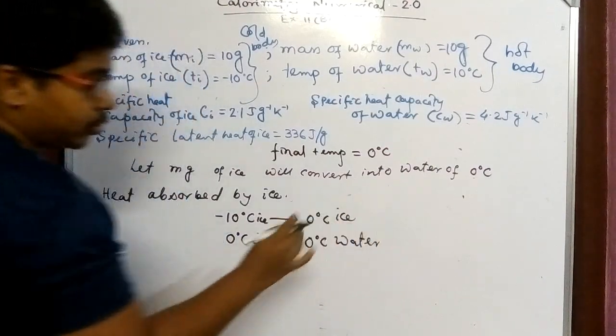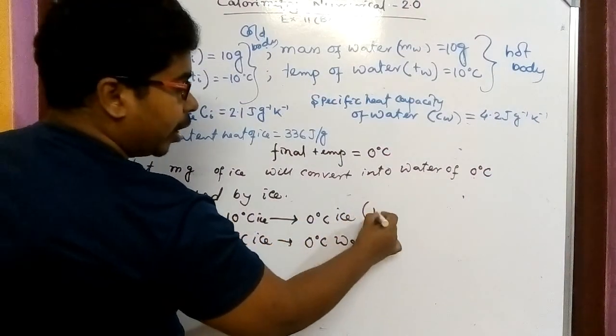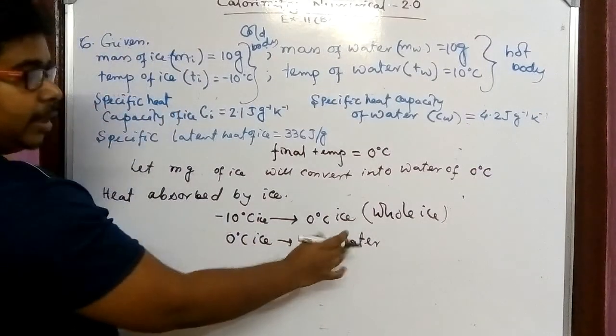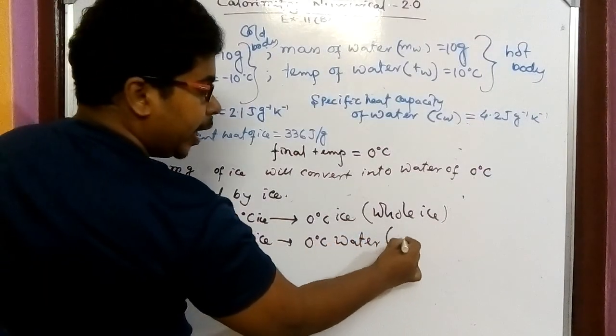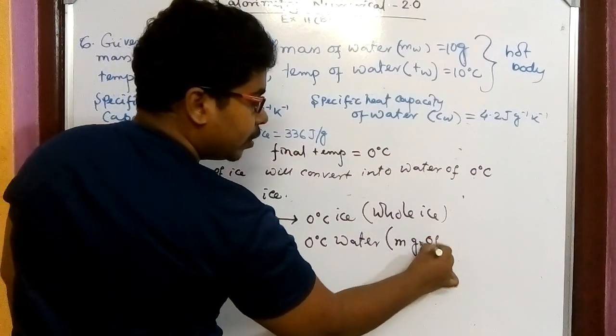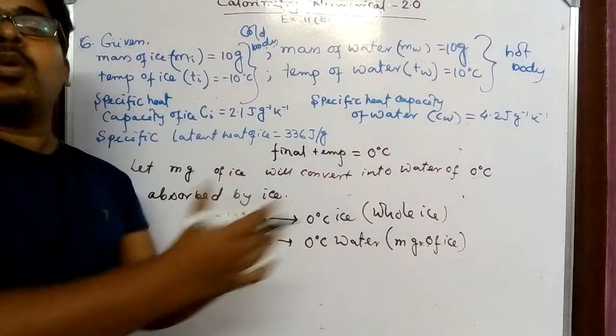But here also one thing you have to mention: the first phase is done by the whole ice, but this one is done by m gram of ice. Now you can ask, sir, why is it not the whole ice?